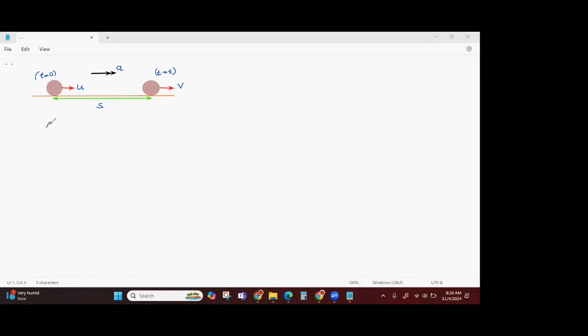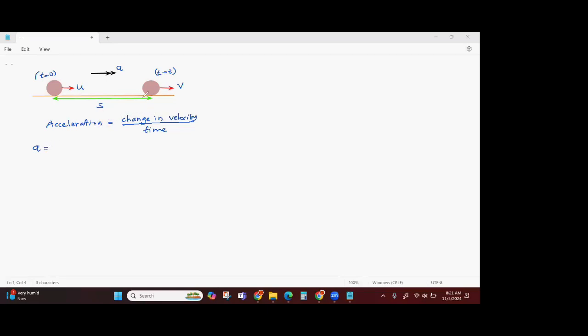So we can write acceleration of the particle. We know acceleration is equal to change in velocity over time taken. For acceleration, we usually take a, right? So a equals change in velocity.